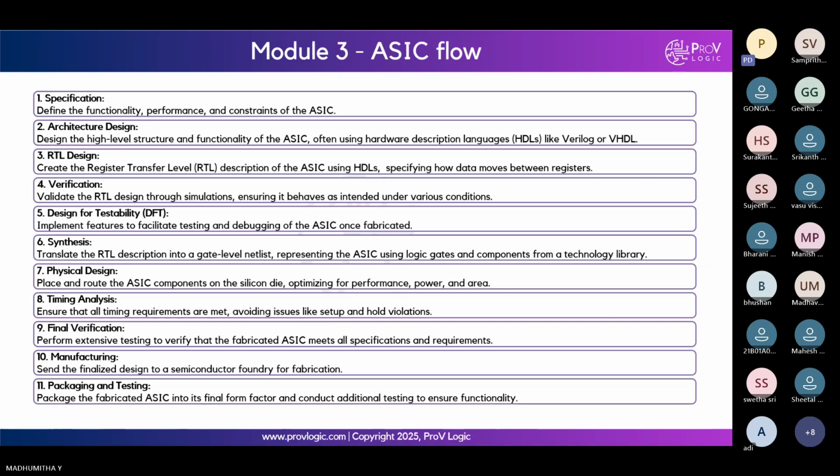The final and the last set of engineers who work on developing the IC layout are physical design engineers, and we will be studying points 6 to 9. Points 10 and 11 will go to the manufacturing team. So we will develop the layout and give it to the manufacturing team. They will do the fabrication process based on the layout that we have submitted.